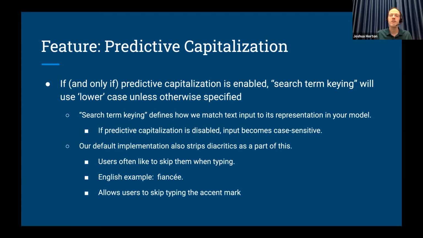Search term keying also allows us to detect that that's a pretty strong possibility too. This is why we strip diacritics. So that example of fiancé with that accent is the proper formal way to type that word, but I simply cannot type that second to last character on a US keyboard unless I know very fancy OS shortcuts, which most people aren't going to know. But we can auto correct for that very easily if we have that search term keying in place.